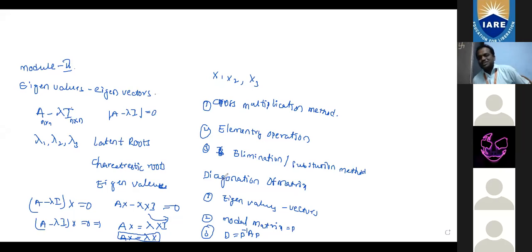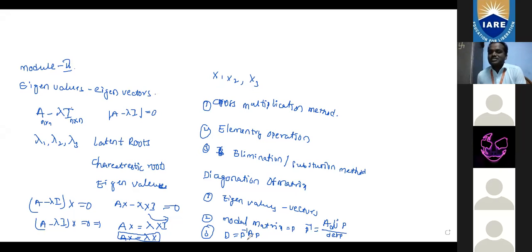There we can use the inverse of matrices. There are different methods, so it is your wish. Any method you can use, but you find the P inverse. I will say that P inverse is equal to adjoint P by determinant P. So this method we have to use. If you have another method, you can use it, no problem.